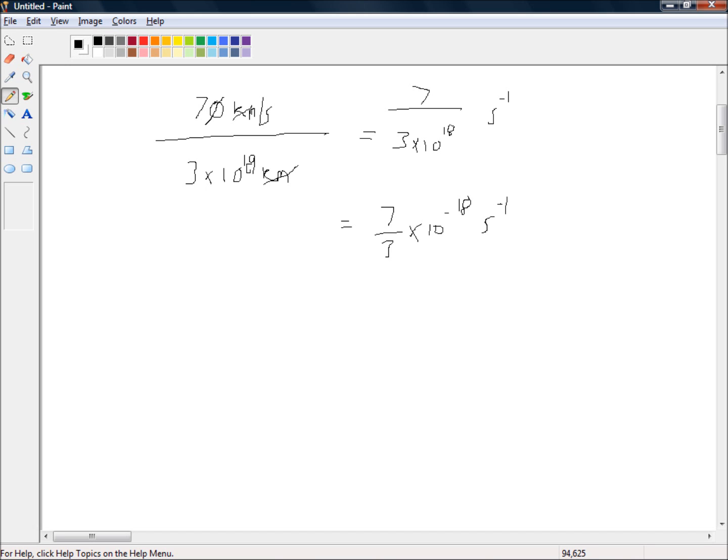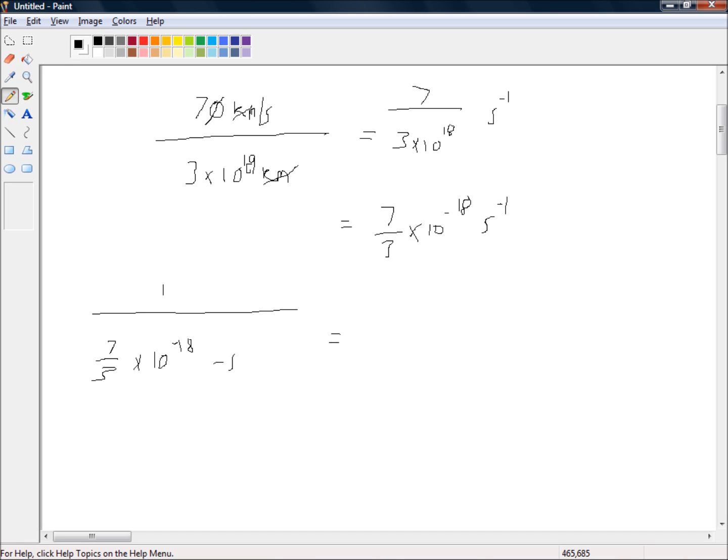So if we take the reciprocal, and the reason I'm doing it this way rather than an easier way is because I'm trying to use as many calculations as I can involving standard form, so that you get used to using standard form in calculations. So that's 1 over 7 over 3 times 10 to the power negative 18 reciprocal seconds.